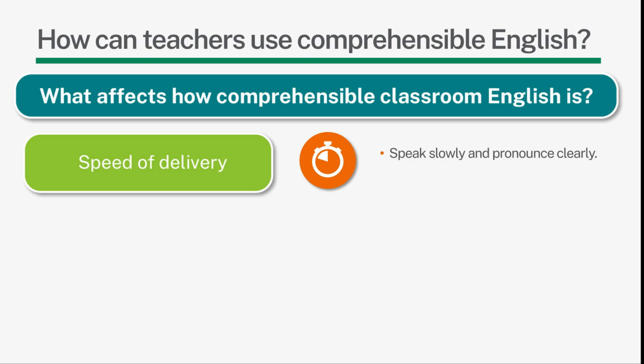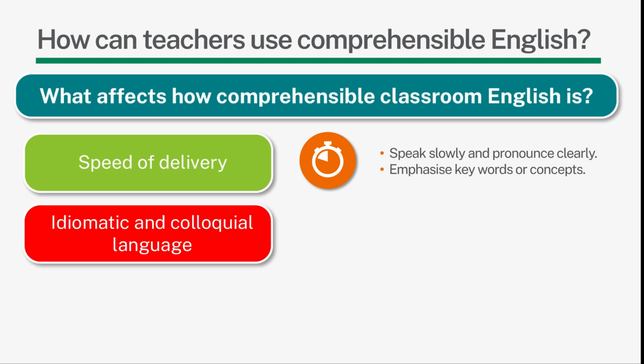Speaking slowly, without being patronizing, will help teachers to pronounce words more clearly and to be more in tune with how learners are following and responding. Emphasizing key words or concepts and using those words more than once will draw learners' attention to the important content they need to focus on.